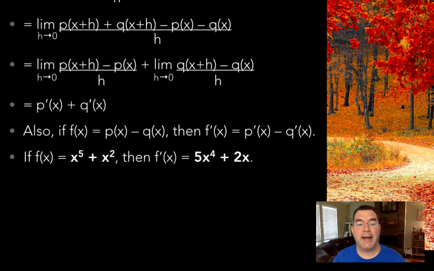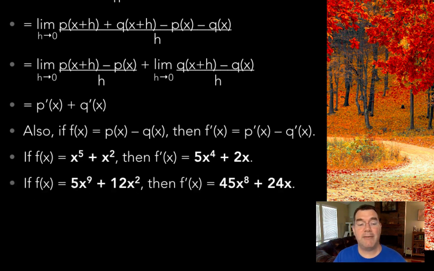So for example, if I have a function that is x to the fifth plus x squared, I can take the derivative of each of those separately, and that will be the derivative of the whole thing. So f prime will be 5x to the fourth plus 2x. If I have a function that is 5x to the 9 plus 12x squared, the derivative of that is going to be 45x to the 8 plus 24x.